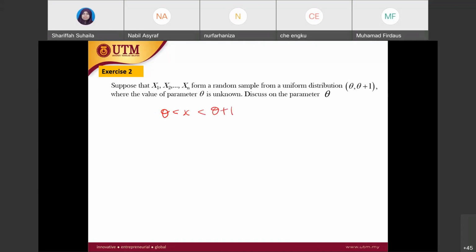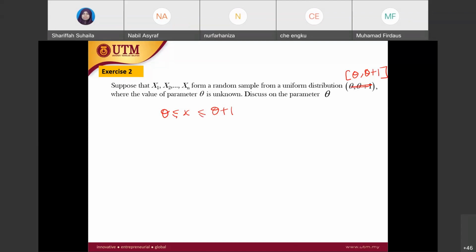When we want to describe our distribution, sorry, I make it a closed bracket at theta plus 1, so it should have theta less than or equal to.